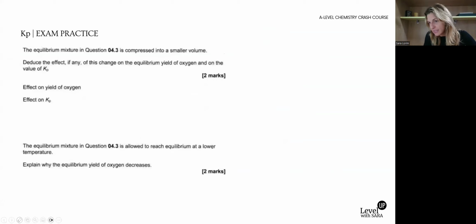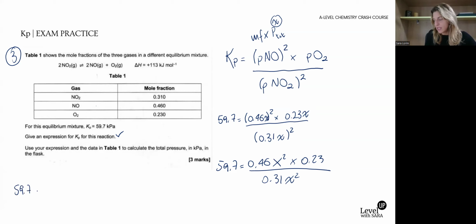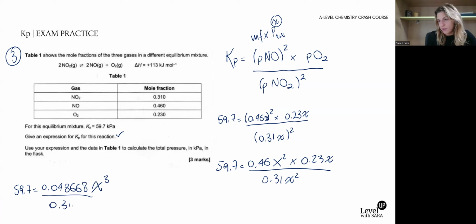Because we can't really simplify it just yet, which means that we can write it down here: 59.7 will be equal to, if we do 0.46 times 0.23x, the number we get is this, which I would suggest you should just keep in the calculator, but I will use as many digits as I can for the sake of rounding. And then it becomes x to the power of 3 divided by 0.31x to the power of 2. Now we can simplify it. So this cancels out.